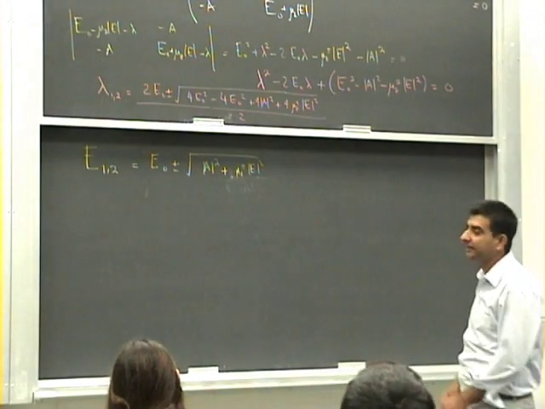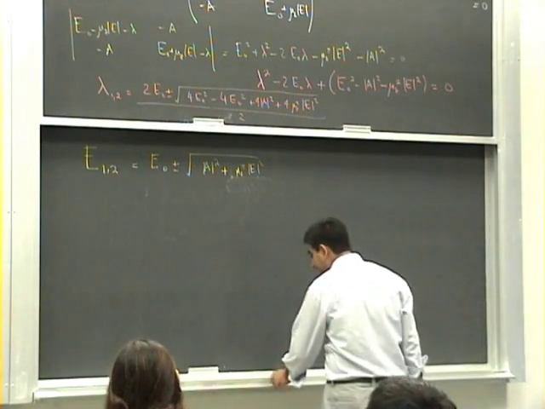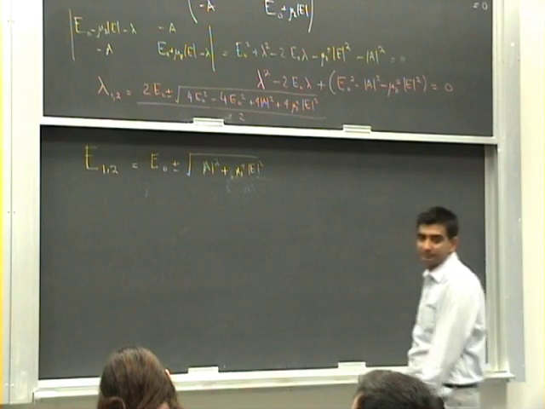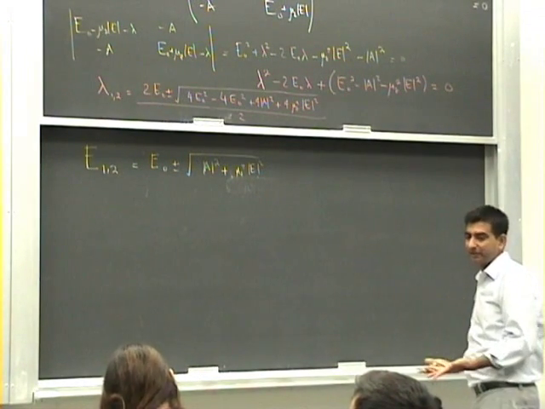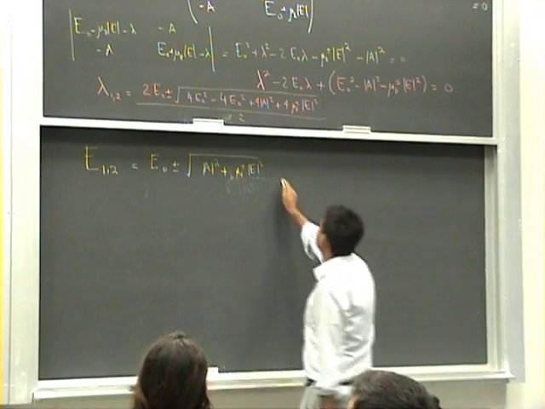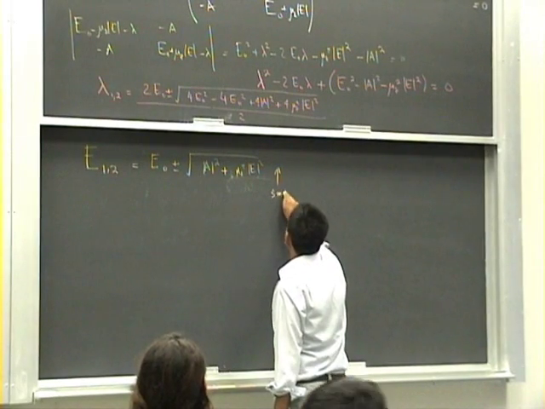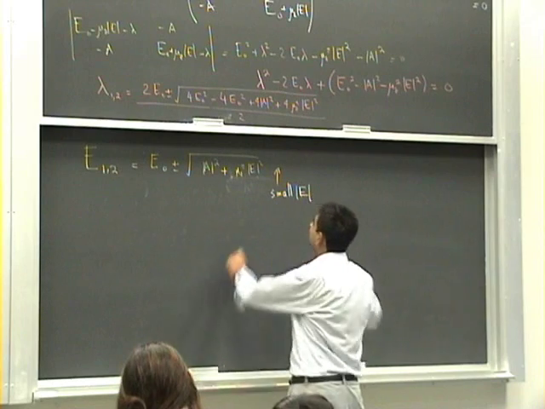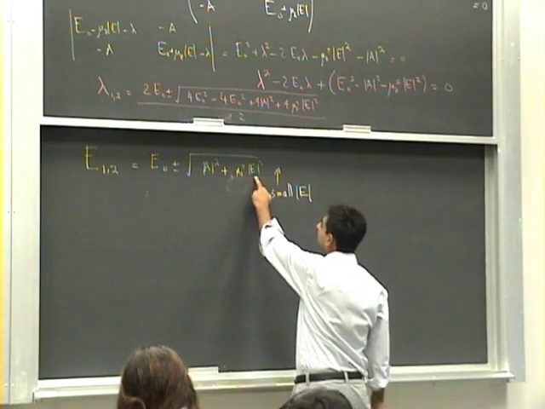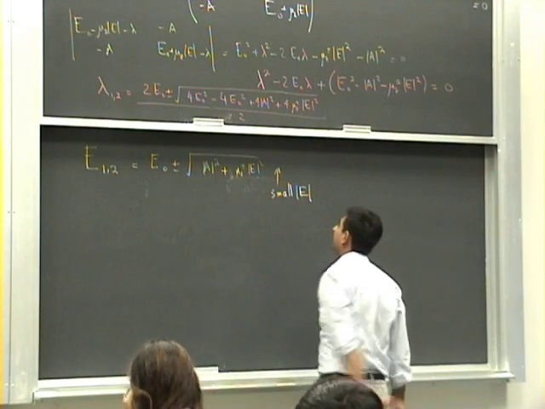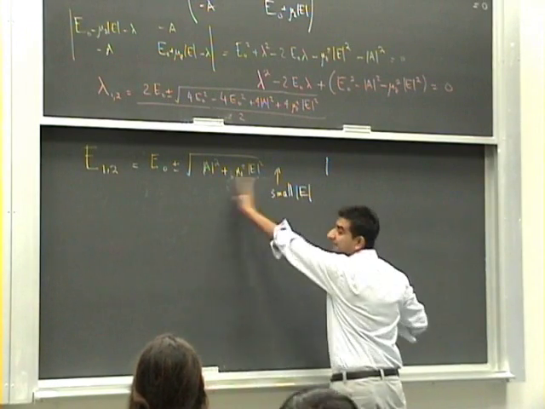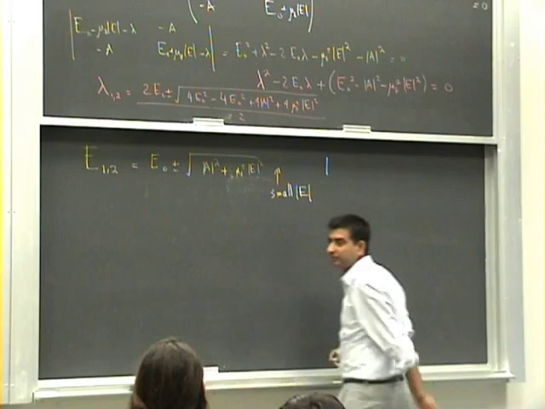So these are the exact energies. Now, if my electric field is small, which means mu z E is small as compared to modulus A. Now this is exact, no approximation up to this point.